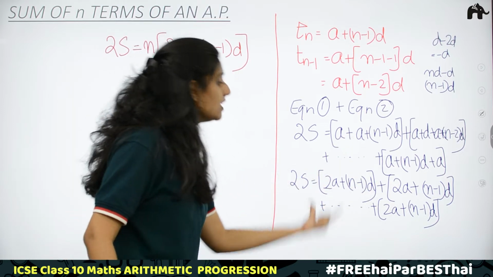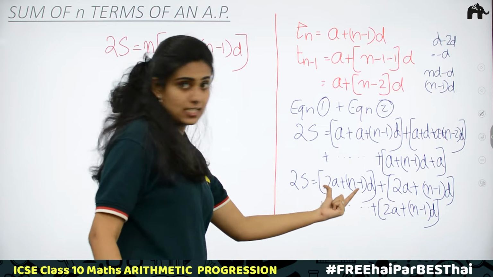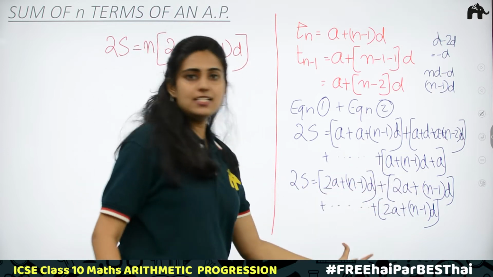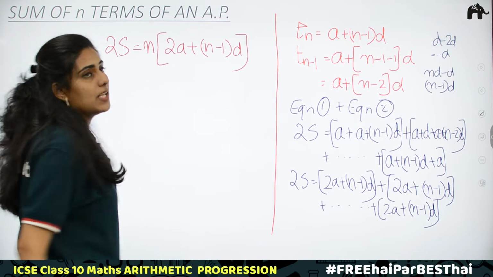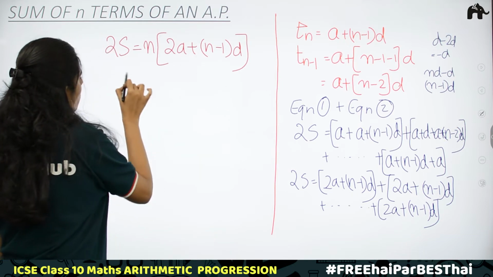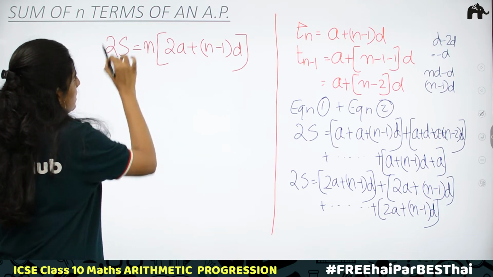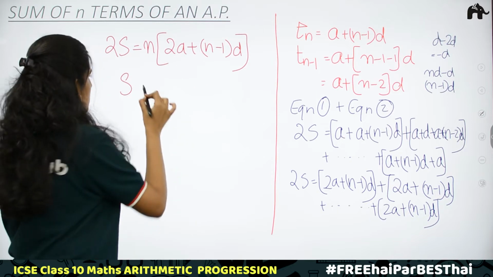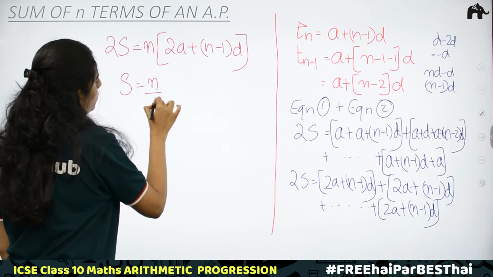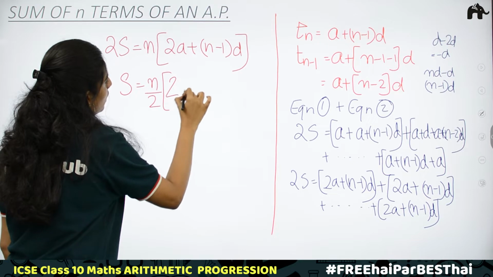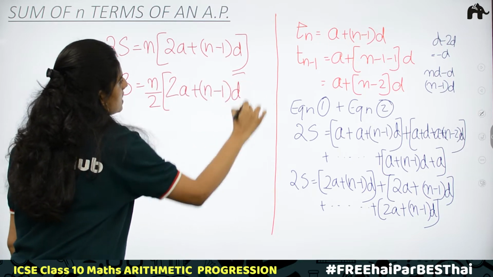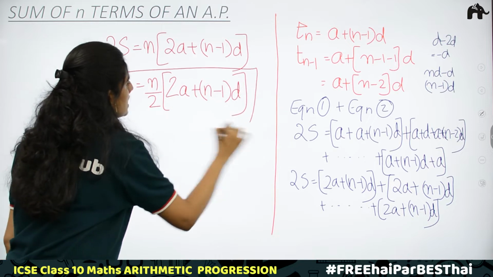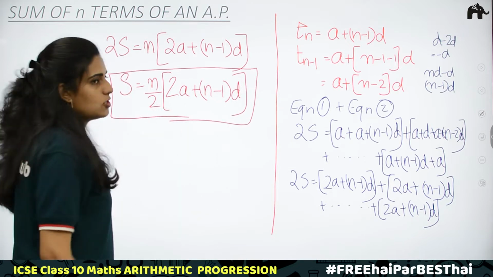Now what is S? I am taking this 2 to the opposite side. It becomes division. S is equal to n by 2 into (2a plus (n minus 1) into d). This is the formula to find the sum of n terms of an AP.